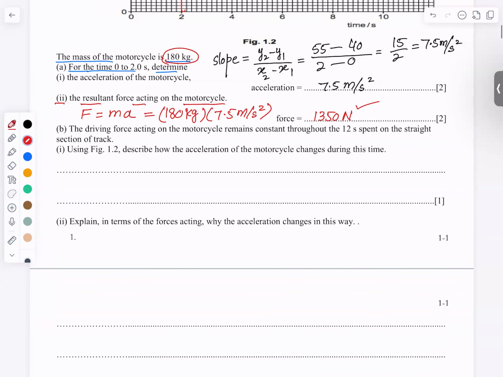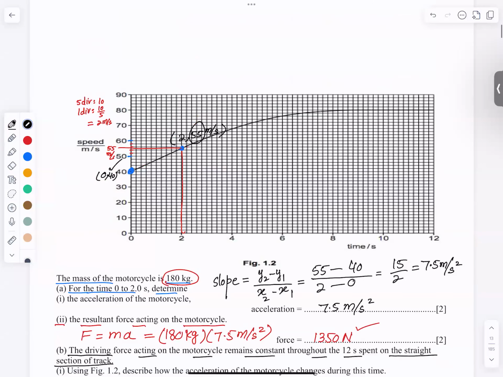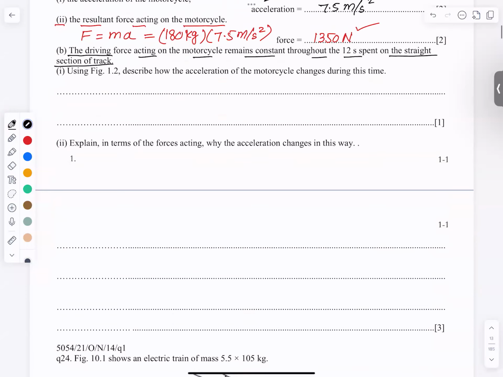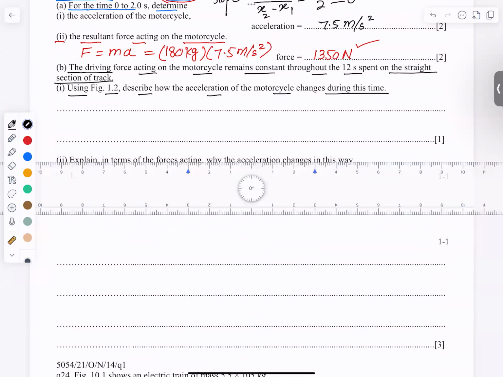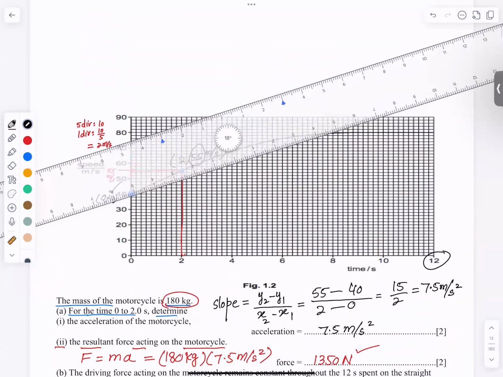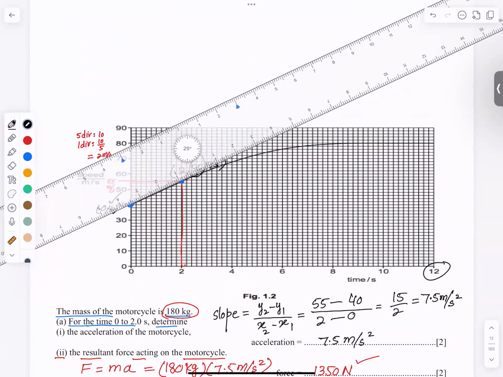Now the next part. The driving force acting on the motorcycle remains constant throughout the 12 seconds spent on the straight section of the track. This is a graph of those 12 seconds. Now, use figure 1.2 to describe how the acceleration of the motorcycle changes during the time. One thing is obvious. In the beginning, it's a uniform acceleration.